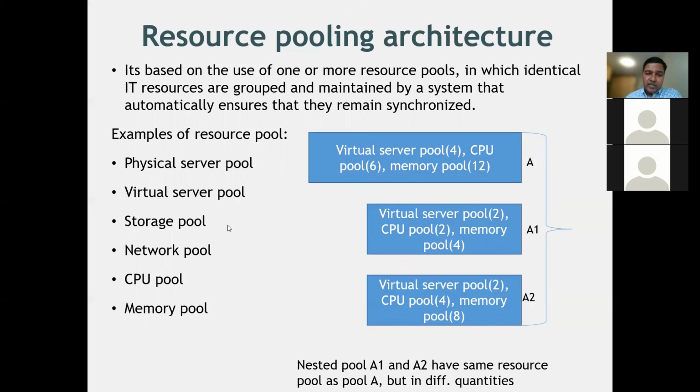And similarly, they create a storage pool. Dropbox creates a storage pool, and Azure also has a storage pool, for clients who want a dynamic storage solution. They do not want to take dedicated storage. They want dynamic storage as per the business need, and the storage will be provided to them.